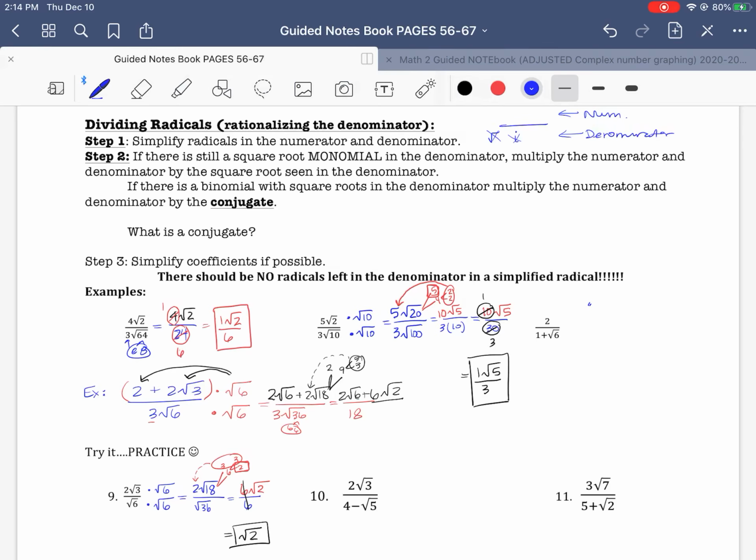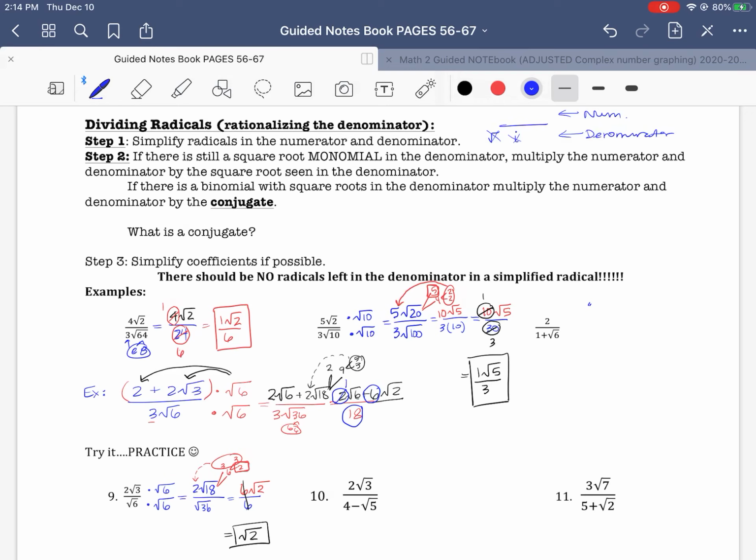Again, before we're done, we just ask the question, is there anything that simplifies? But notice you have 3 terms, well, you have the 2 terms on top, so you can't just look at these 2 numbers, you have to look at all the coefficients. If it divides out of all of them, free game. If it only divides out of 2 of them, then you can't do it. It has to divide out of every coefficient involved.